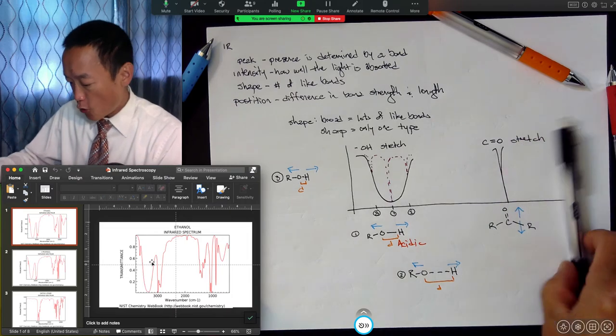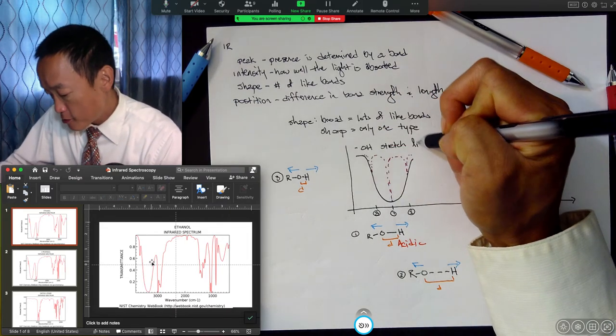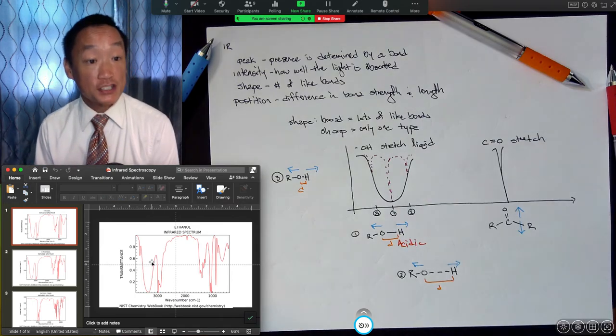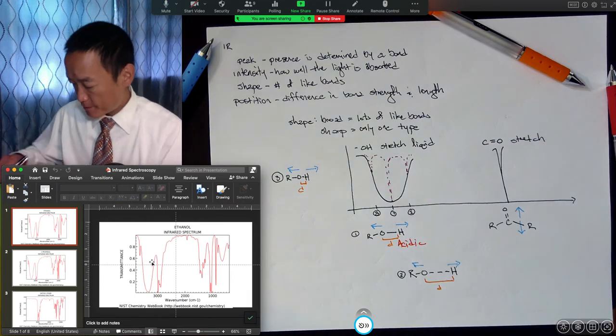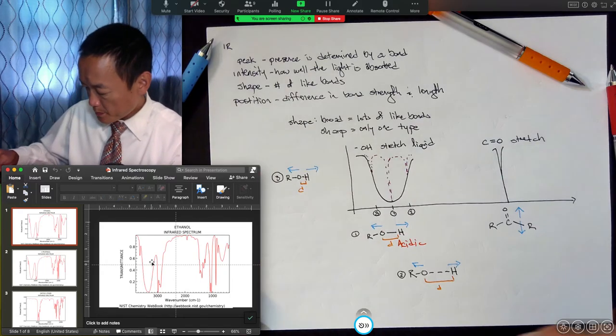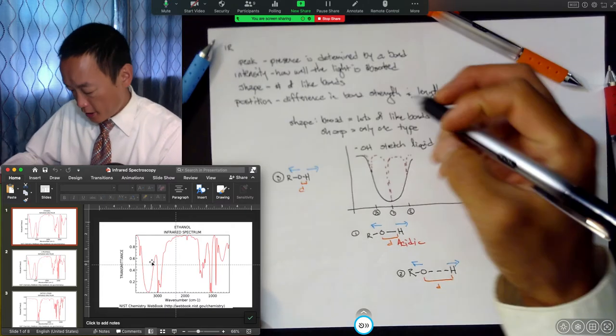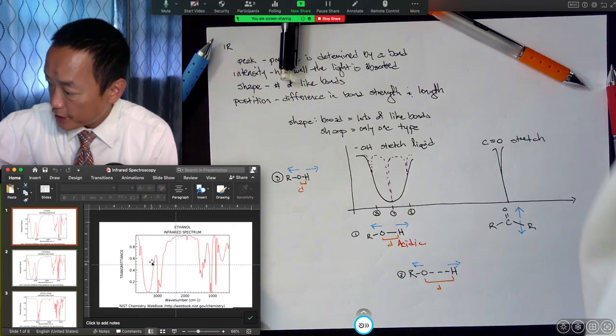So for an OH stretch in a liquid, we would expect a concert of peaks. This same thing, let me just write this right here.